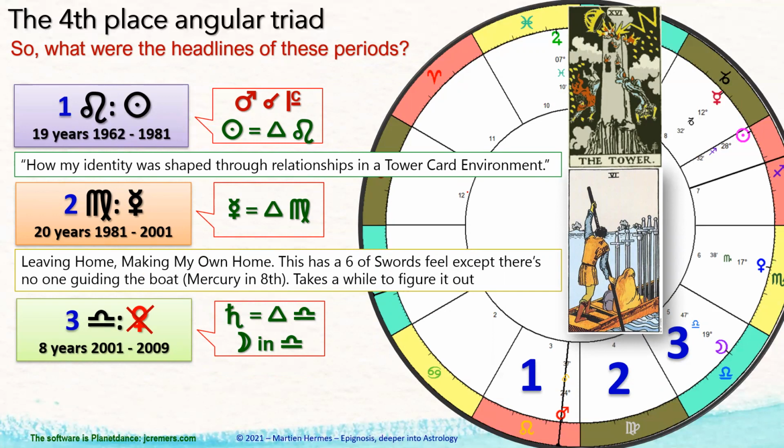How would you describe this chart in general? The 6 of Swords. Oh, you want me to describe that feeling? Yeah, what does the tarot card, the 6 of Swords, signify? So, yeah, during that period, it was like I was left to my own to find my own way. It kind of reminds me of the guy that's guiding the boat. I can't see him.